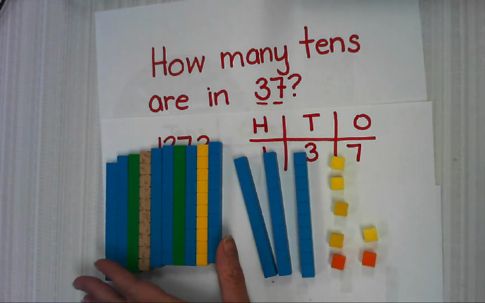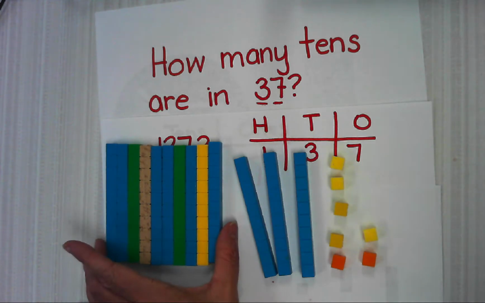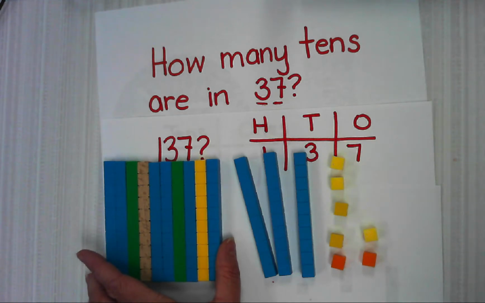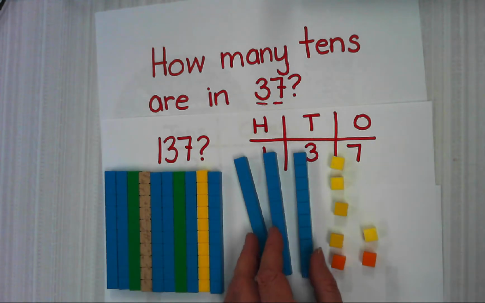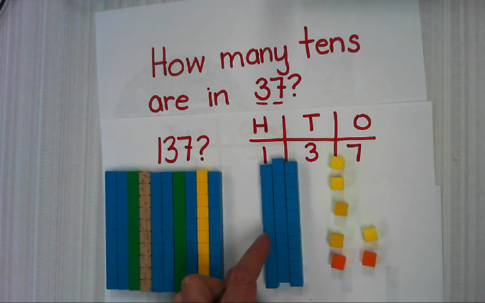How many tens are in 100? No, you have to say it for real. How many tens are in 100? 10. 10 tens in 100. So in this whole number, 137, we have 1, 2, 3, 4, 5, 6, 7, 8, 9, 10, 11, 12, 13 tens, 7 ones.